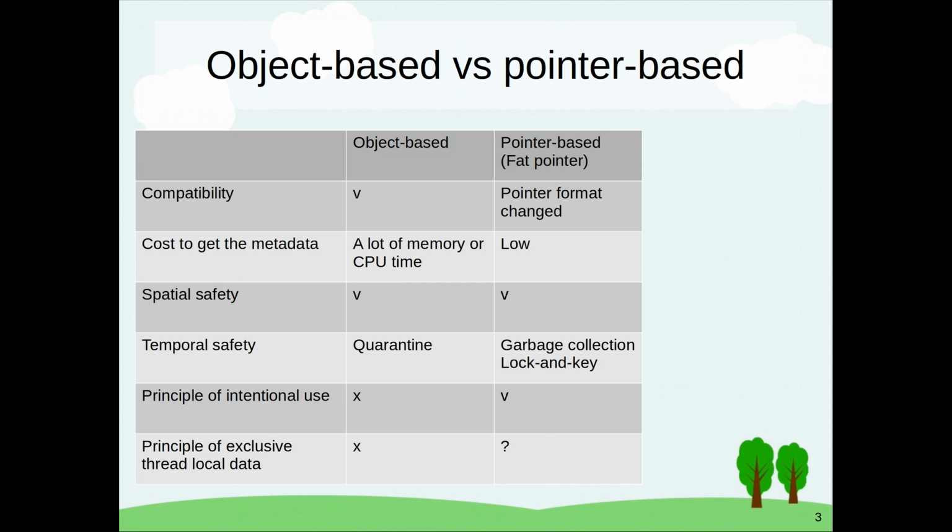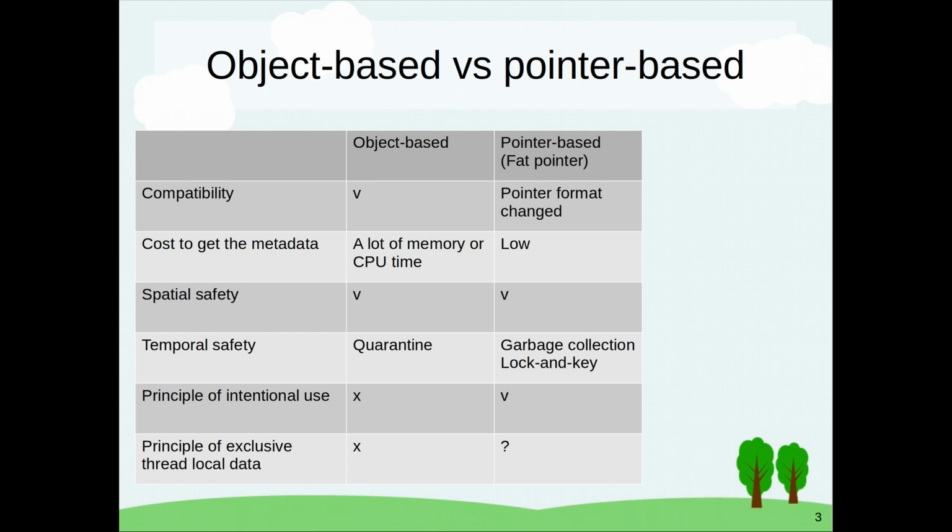For the cost to get the metadata, the object-based approach usually needs a lot of memory or CPU time to get the metadata. For the pointer-based approach, the cost is low because the metadata is stored along with the pointer. For spatial safety, it is supported by both approaches. For temporal safety, the object-based approach usually uses quarantine.